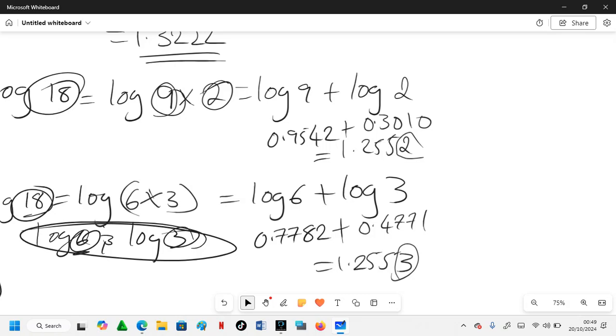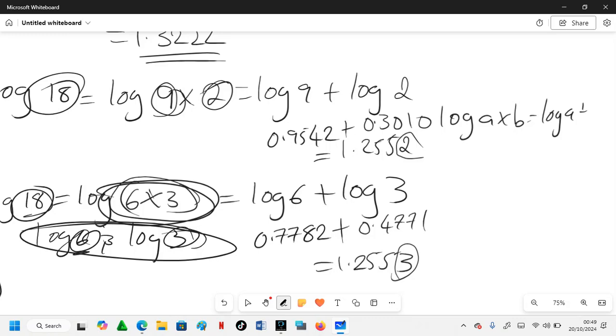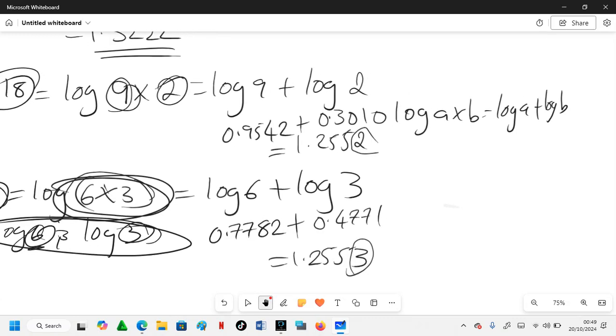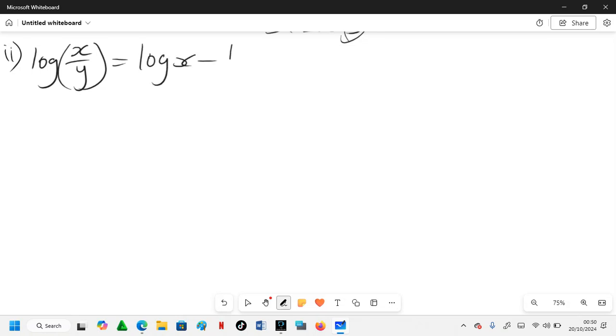I want us to go to the next law of logarithms. The law of multiplication is simple: when you have the log of two things that are multiplying, you can just add their logs. It's as simple as that. The second law is the law of division, which says that the log of x over y is equal to the log of x minus the log of y.